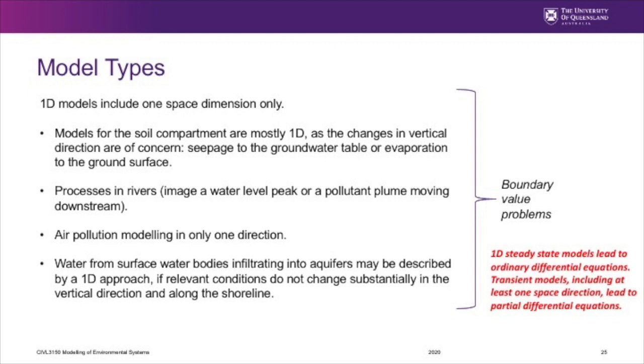So that means that if we have a 1D model, we knew before that we have a partial differential equation, because we're not only dealing with the change in time but also with the change in space. But if that change in space is at steady state conditions, it means that our differential equation has been simplified to just an ordinary differential equation.